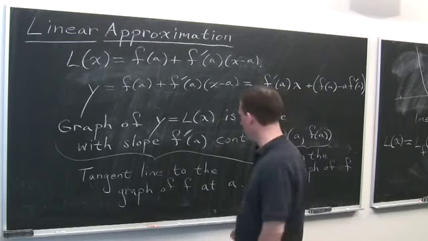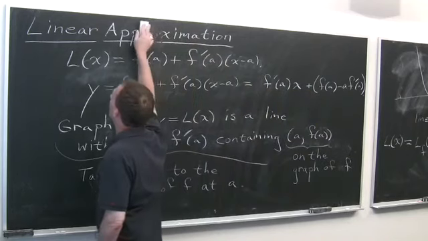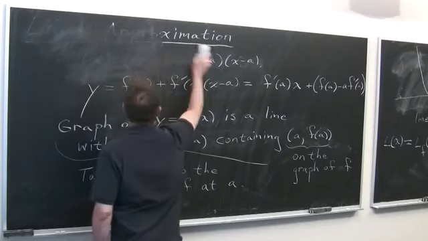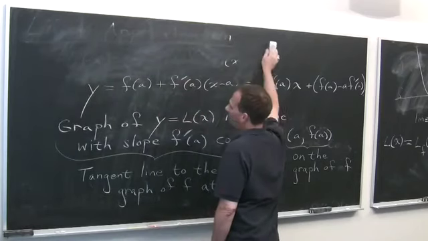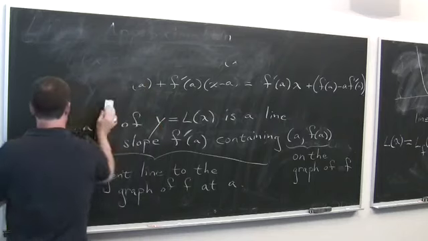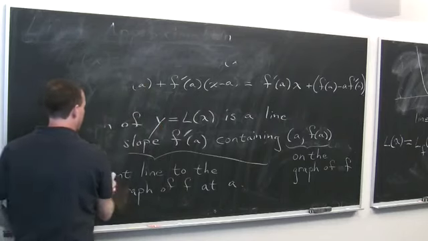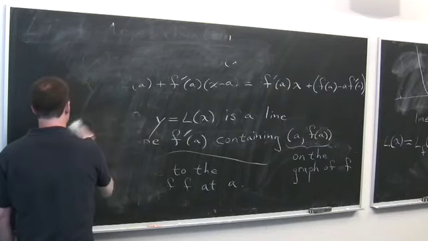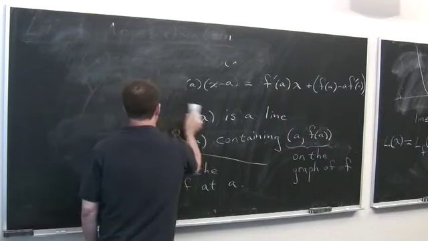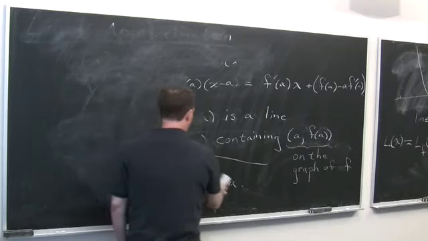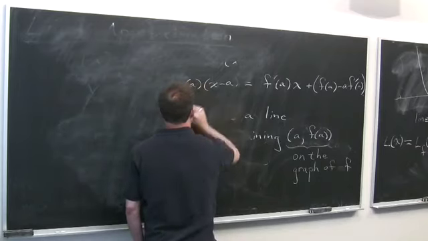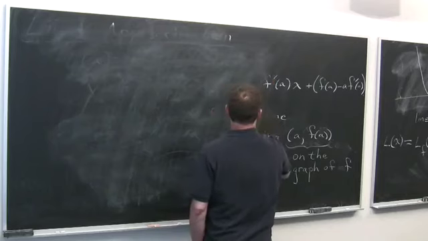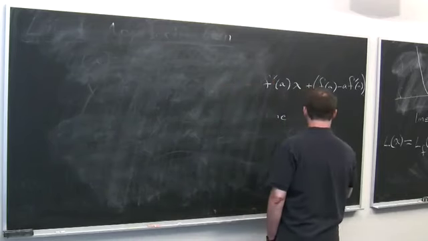Let's do an example. It is possible to give some kind of bounds on how bad the approximation can be in terms of second derivatives or other information. I'm not going to discuss that. It is in the book. It's fairly technical.